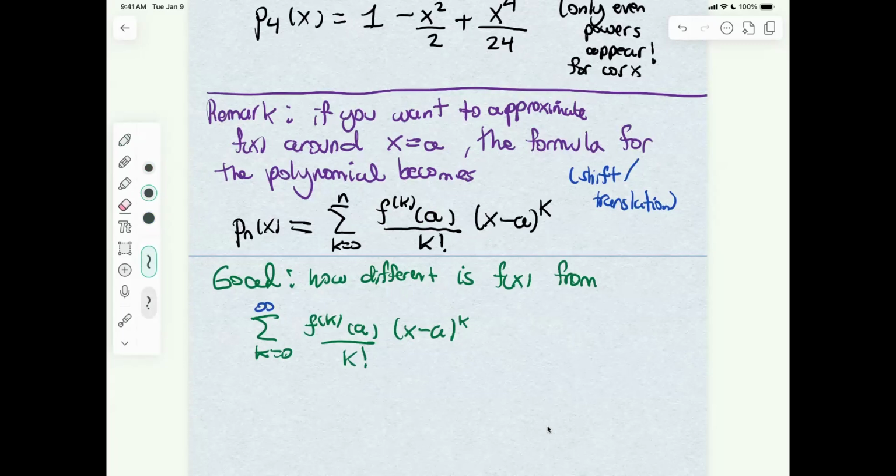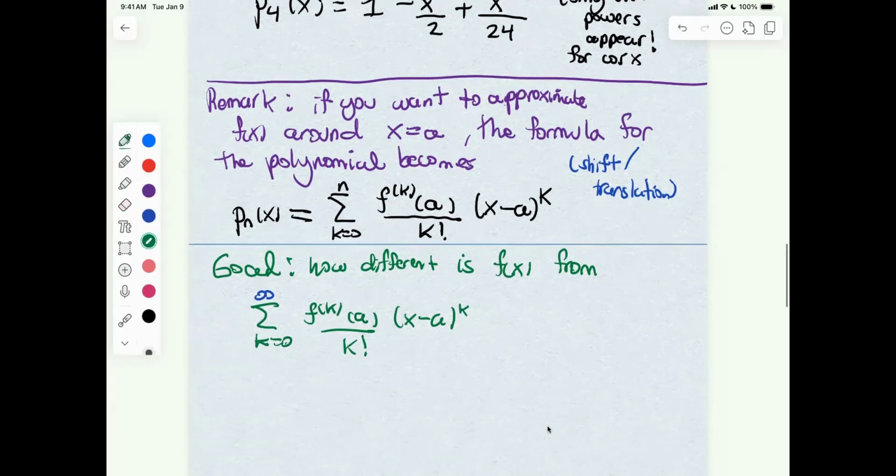I'm making them sound like they're the same thing, but they can become different, for example, if a function has a vertical asymptote. Things of that sort are where everything gets messed up in general. There are weirder functions too, but I'll give a few examples in a moment. So this will be called the Taylor series.